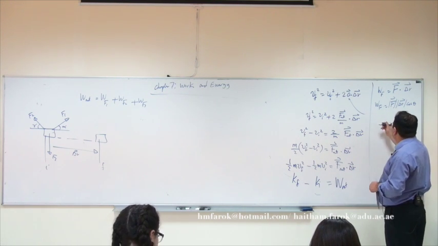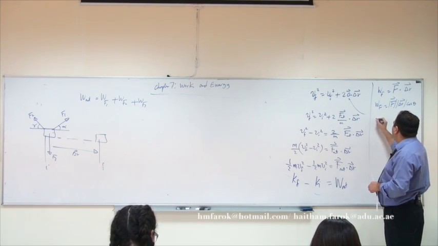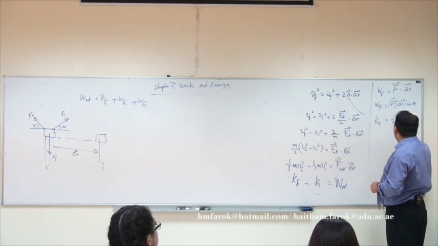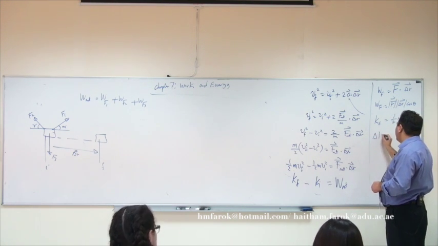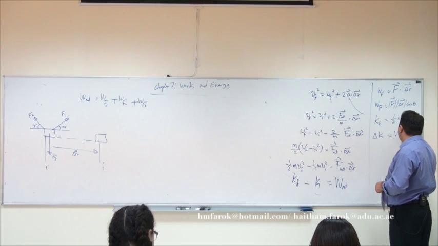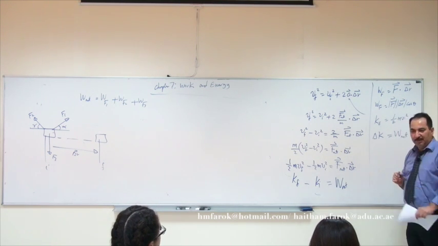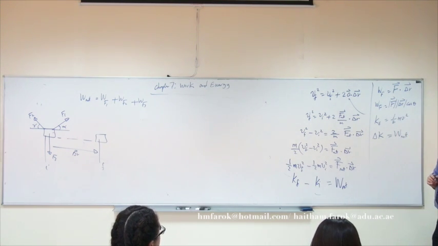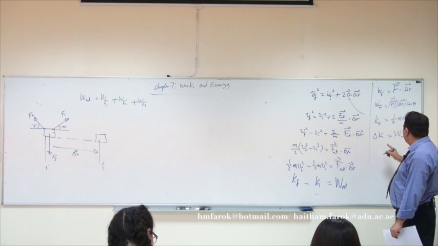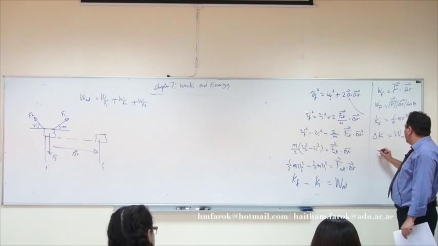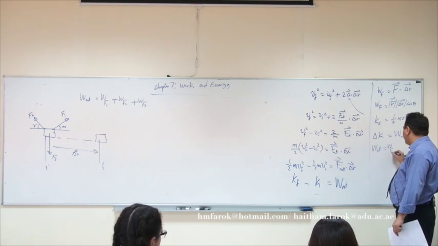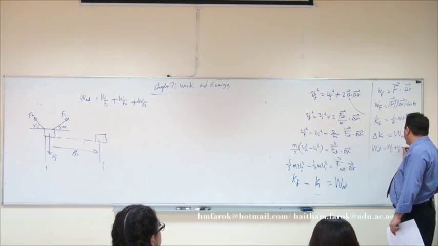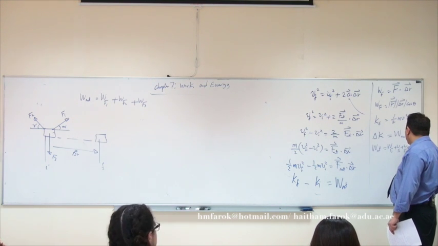And what else? We learned that kinetic energy equals half mv squared, and the change in kinetic energy is always equal to W net. Yeah? And what else? Just now, W net equals the work of the first force plus the work of the second force plus the work of the third force, and so on.